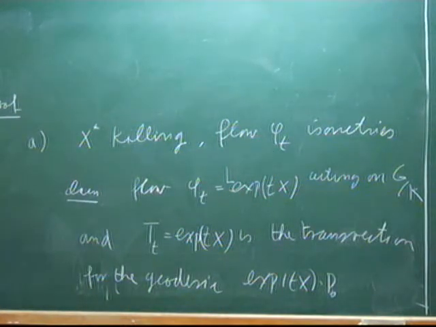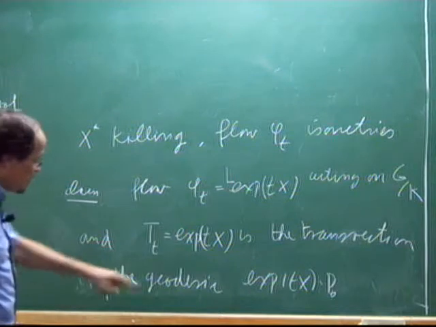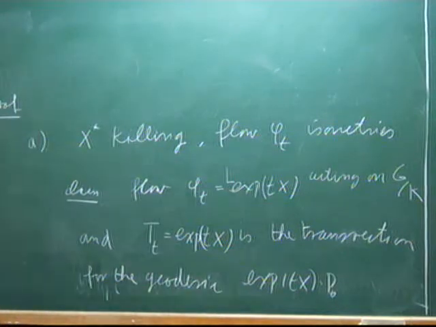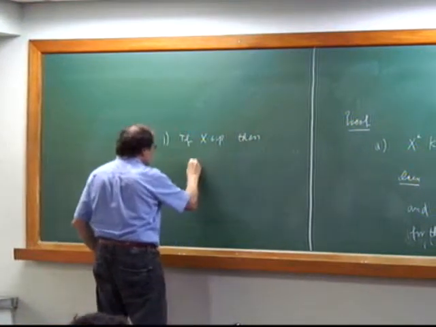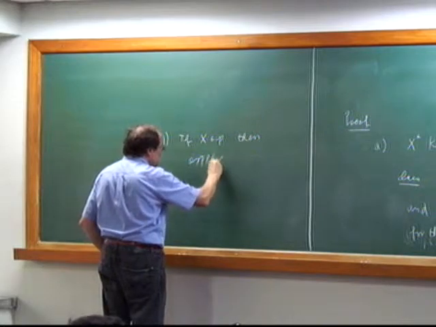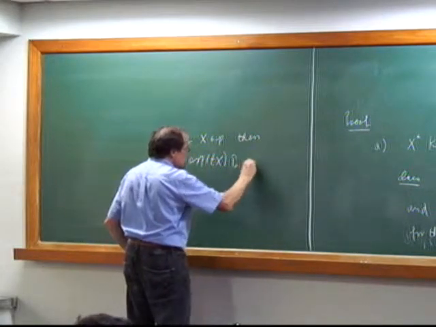So this claim contains two pieces, which we're going to prove probably on Wednesday. First, that this is a geodesic. So let's break this up into two parts. We're going to prove that if X lies in P, then exp tX times p naught is a geodesic.